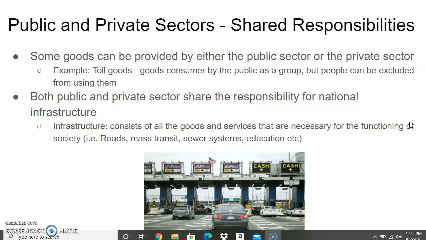But it also does include sewer systems, education, and even health. So both of them have an obligation to take care of this infrastructure because it helps to benefit the economy. The economy cannot run without these things. So both the private and public sector do contribute to the national infrastructure.